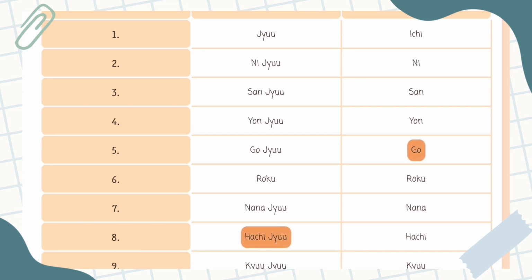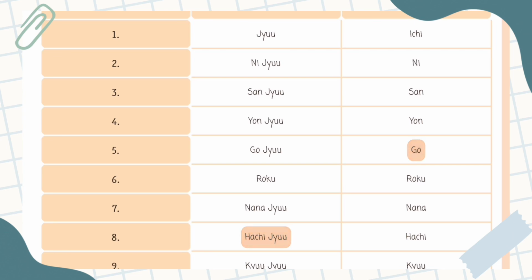Let's do a few more examples, and I'm going to give you a second to think about what the answer could be. So 46, yonju-roku. 71, nanaju-ichi. 60.